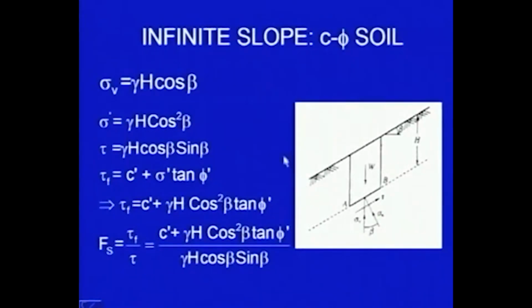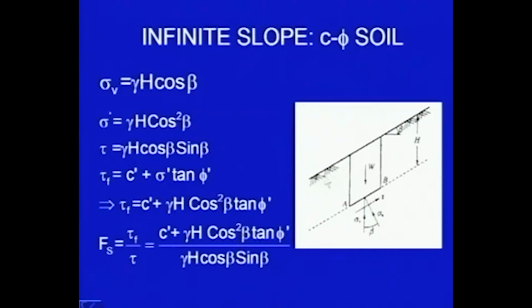Let me now consider the next case, which is more general. It is an infinite slope. Last time we had considered only the sandy soil, c was 0, but now it is a general case, c phi soil.